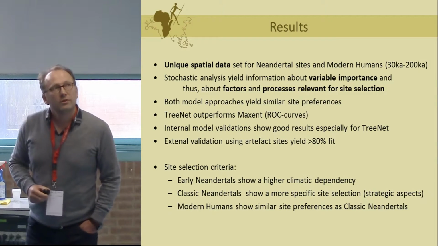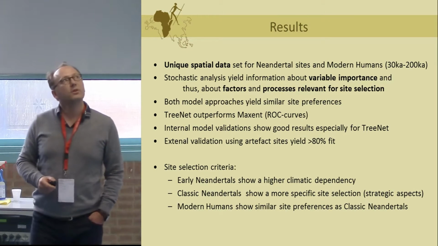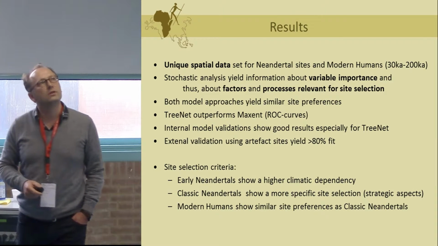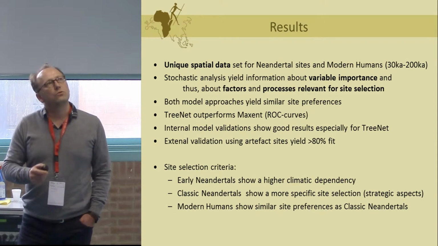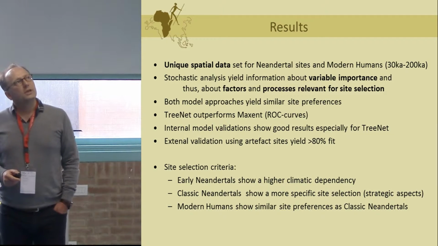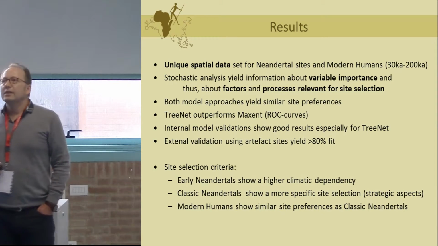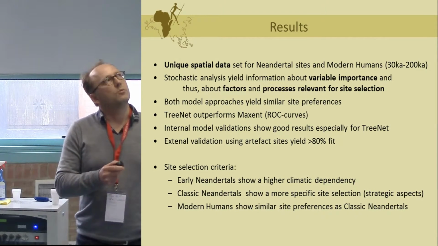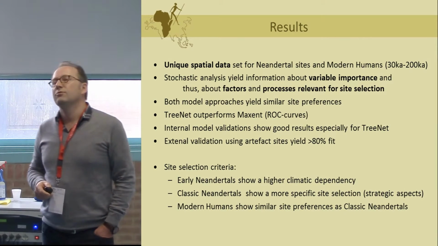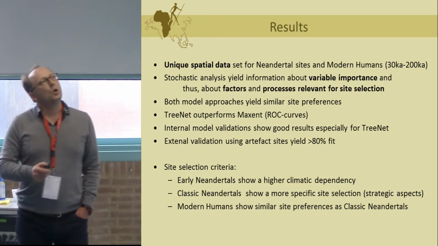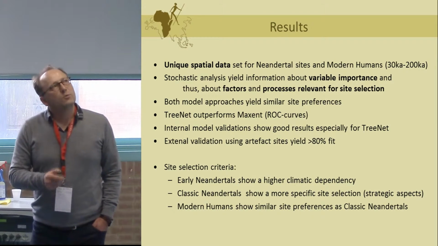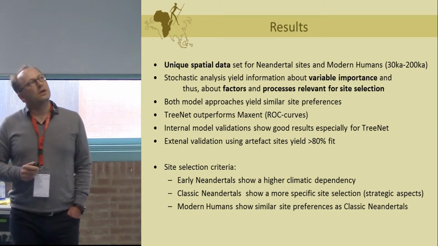So coming to the results, what we set up was a unique spatial data set for Neanderthals and modern humans from 30,000 to 200,000 BP. The stochastic analysis yields information about variable importance and thus about the factors and processes relevant for the site selection. Both models yield similar site preferences.